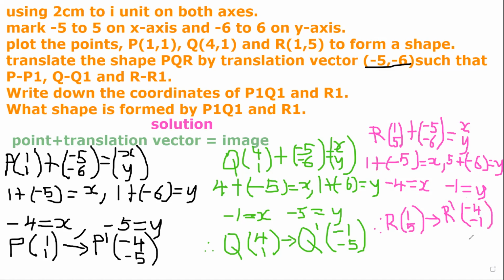Okay, good. Now we are going to plot the point and then the image, or you can plot the point and then move them using the graphical interpretation to also assess the images, or the primes, that you'll be getting. Okay.